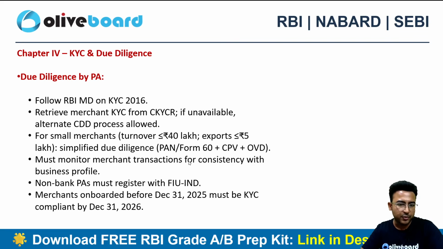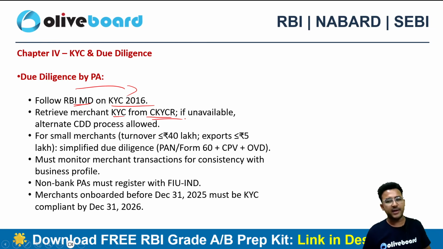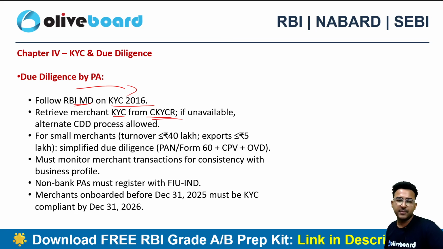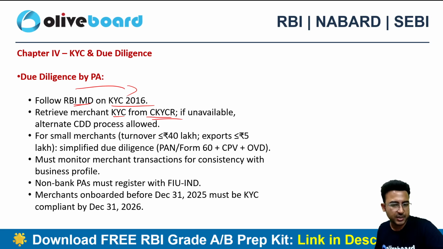When I talk about the due diligence, obviously we do have a RBI master direction on KYC 2016. You need to follow that. If you are retrieving any kind of KYC, you can do it via CKYC, Central KYC Registry. If it is unavailable, then obviously a separate method is also there to have the KYC of the merchant, right? So all these things are mostly process oriented.